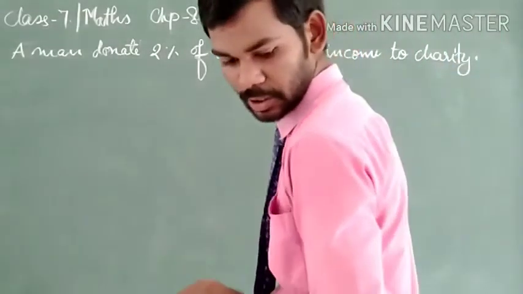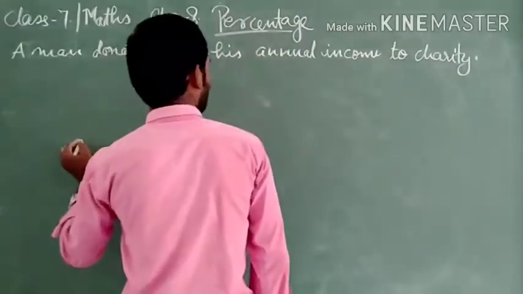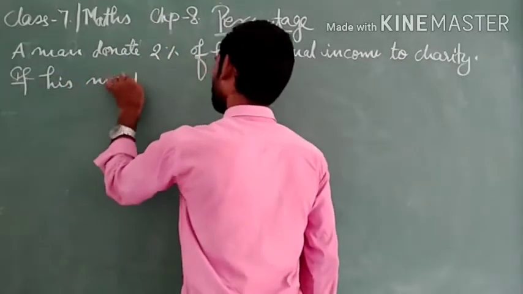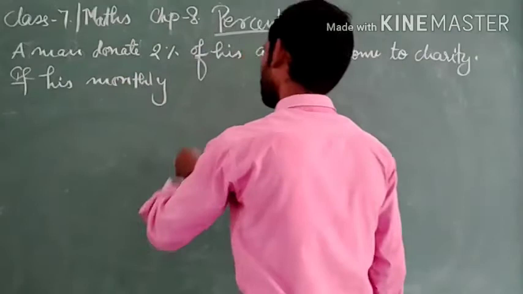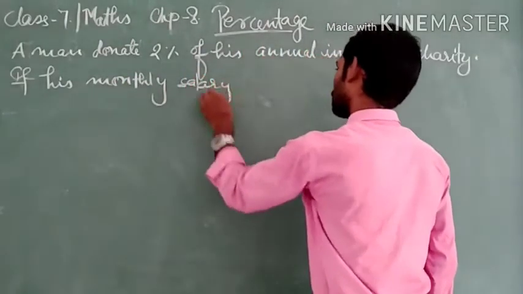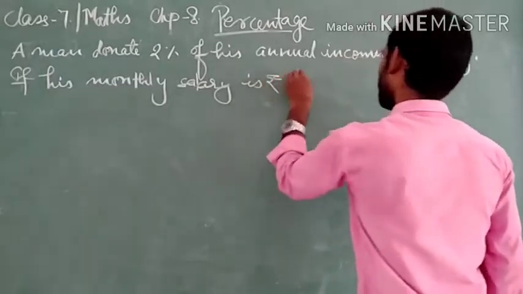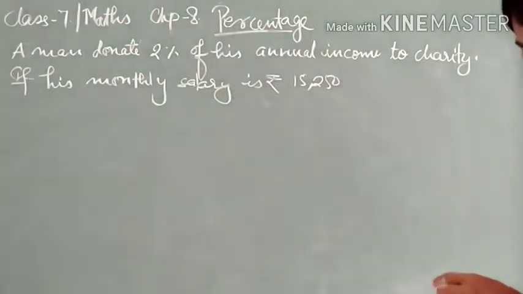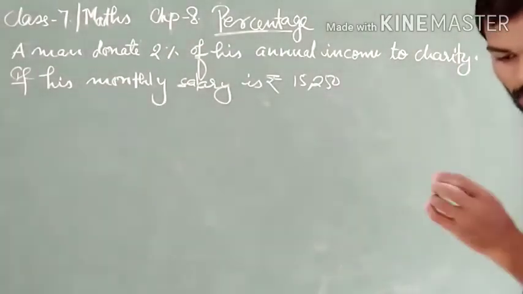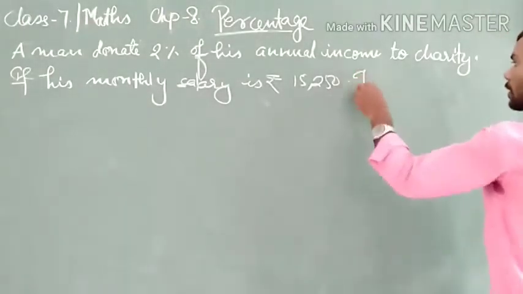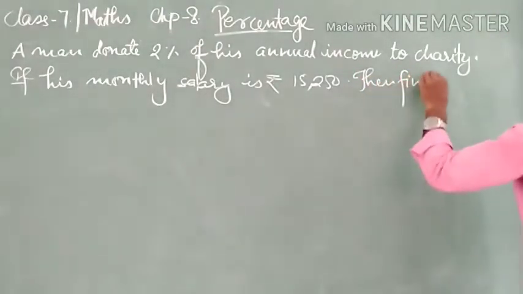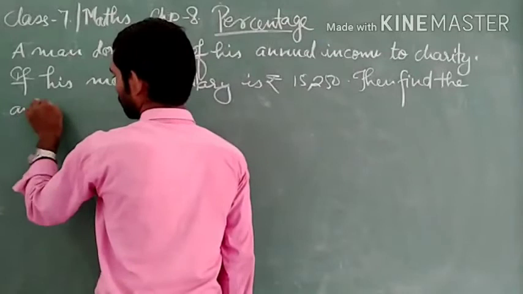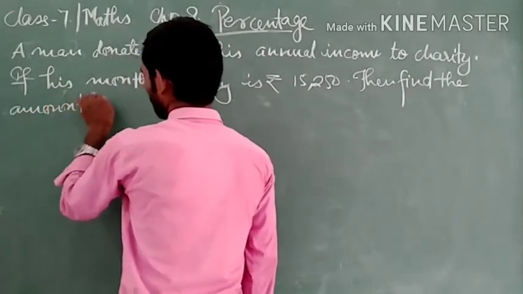If his monthly salary is 15,250 rupees, then find the amount he donated.